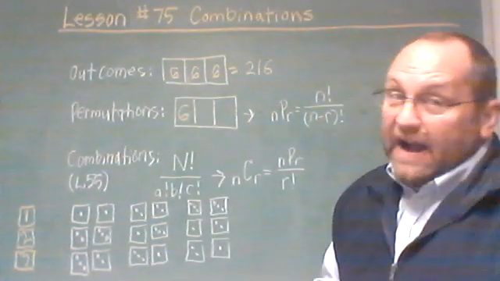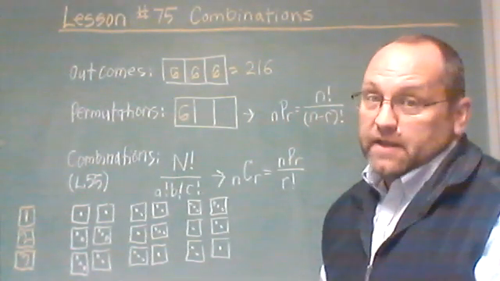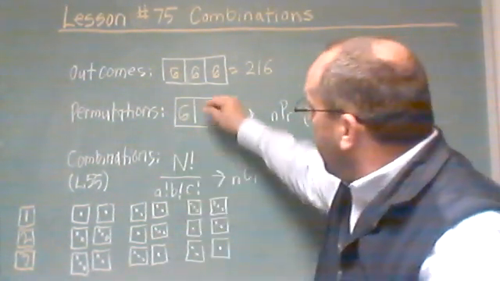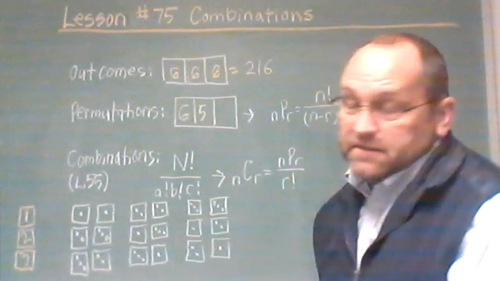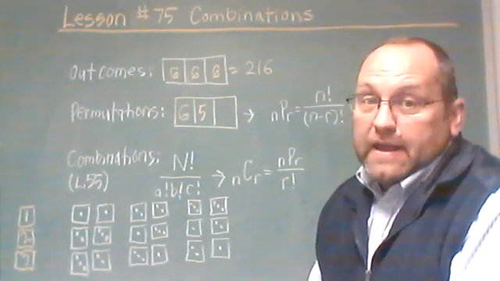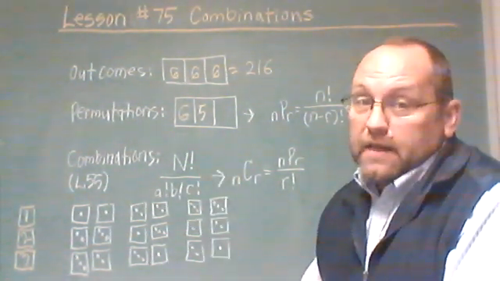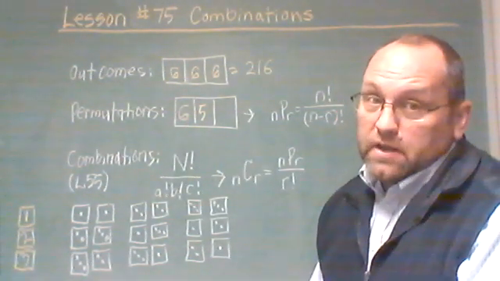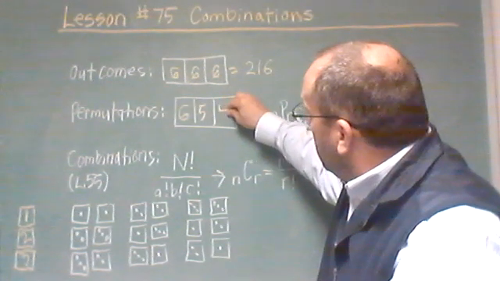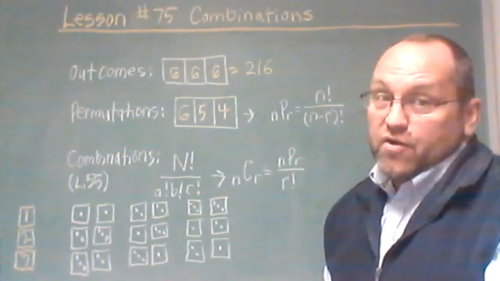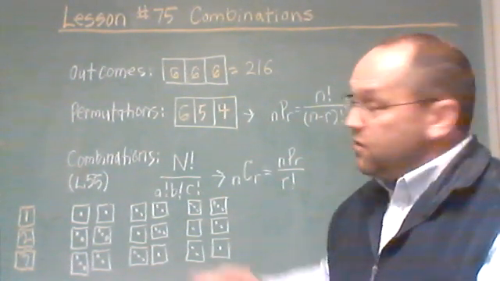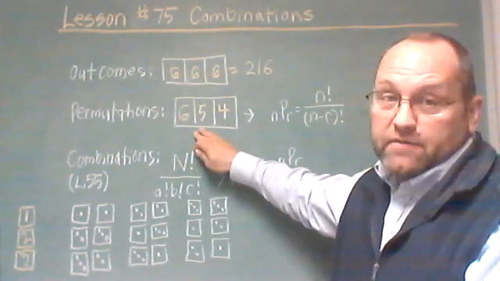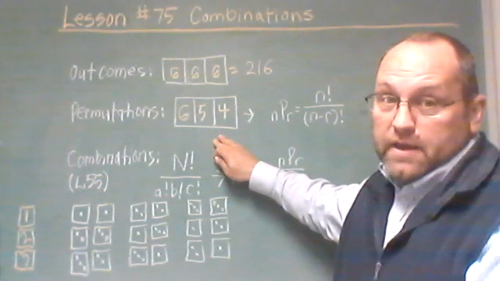Now we do not have the possibility of repetition, so there are 5 possibilities on the second roll. On the third roll we are not allowed repetition of either the first or second number, so that reduces the possible outcomes to 4. So the permutations are 6 times 5 is 30, times 4 is 120.